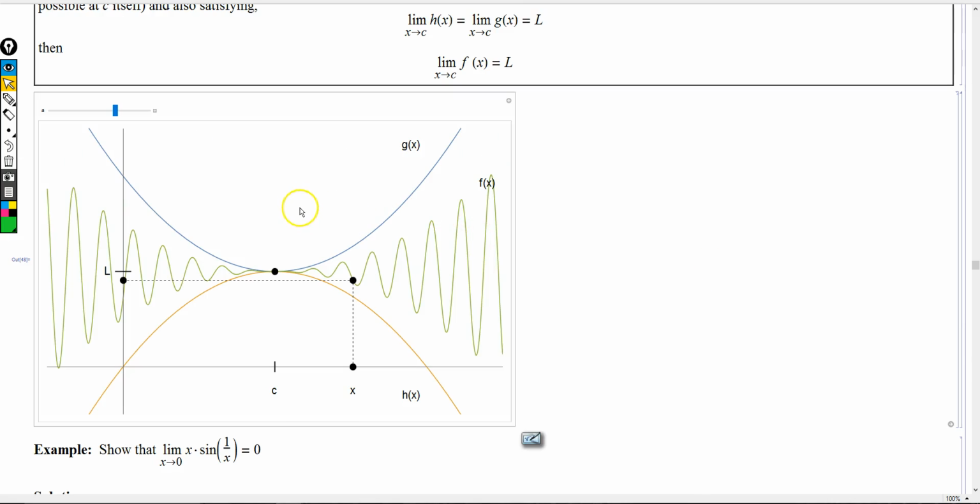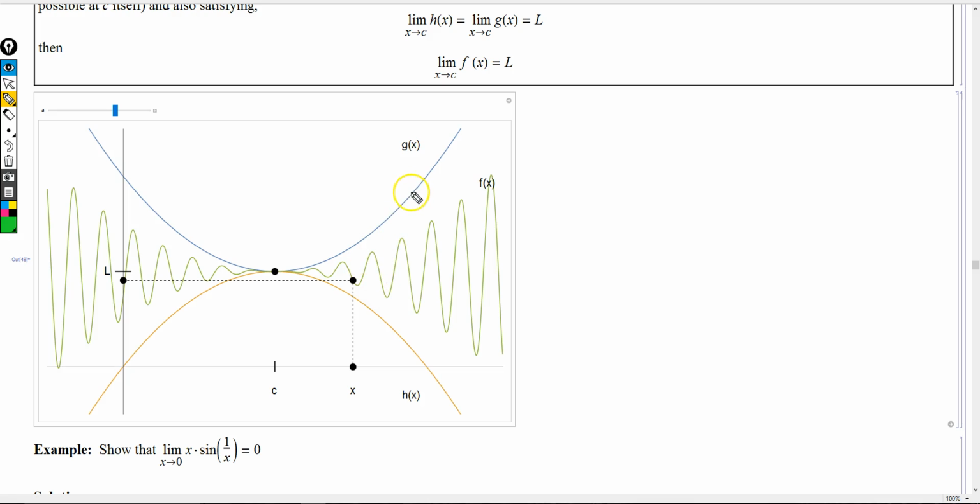So down here we have the graph of three functions. We have the function g right here, its graph, the graph h down here, and then you see the graph of f, the oscillating graph, is sandwiched between the two.